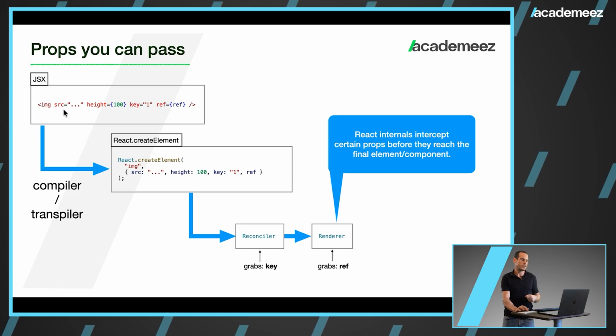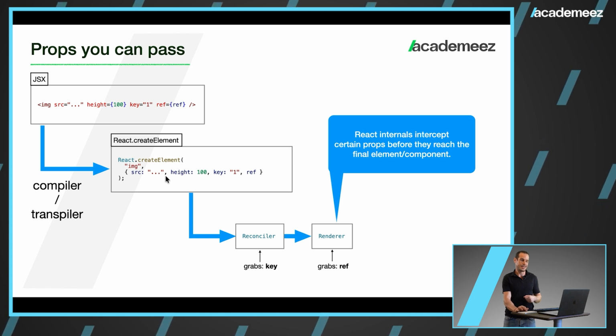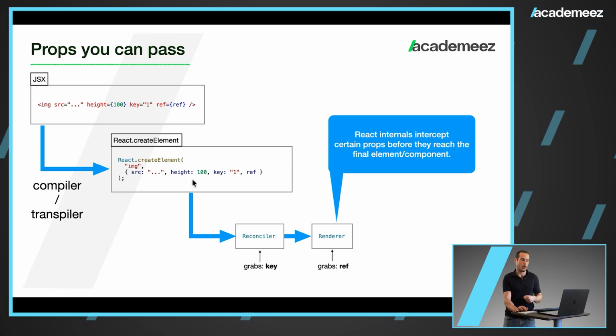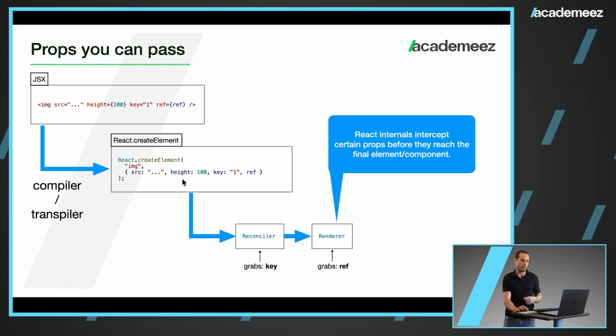We're sending source and height and key and ref, and then the transpiler or compiler is translating that to a React createElement, to a React element, and it is going to pass those props to the React element. So the object that is created here contains all the props that you specified in the JSX, an image in this example.